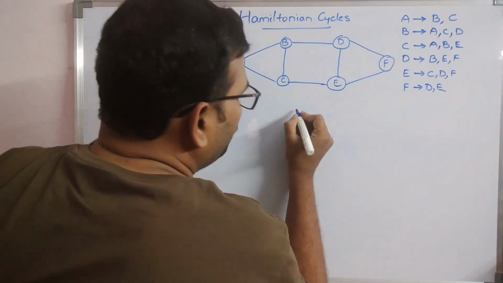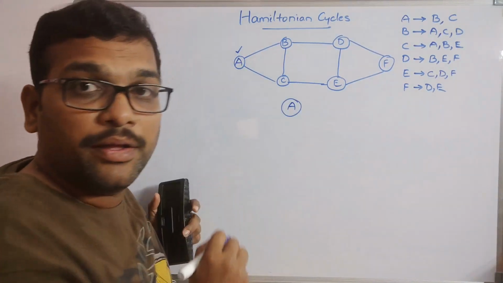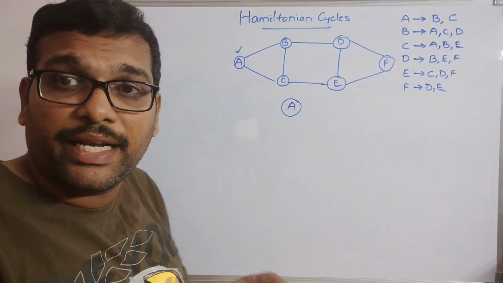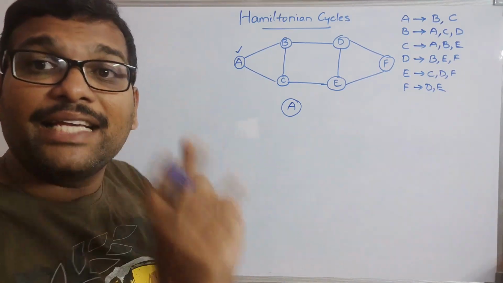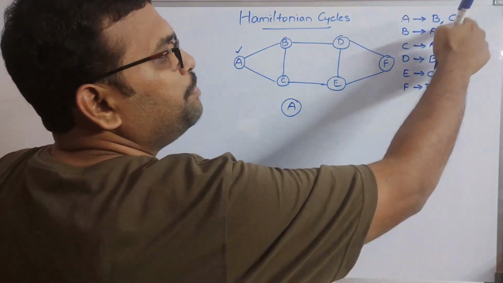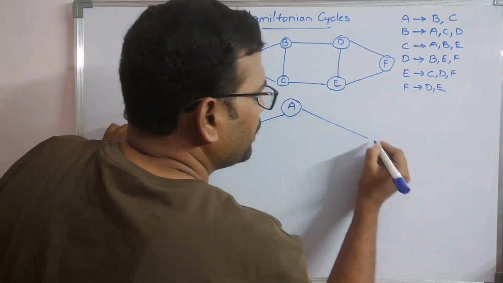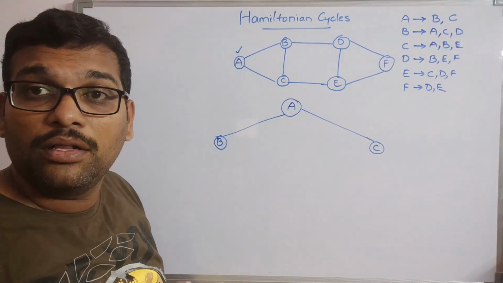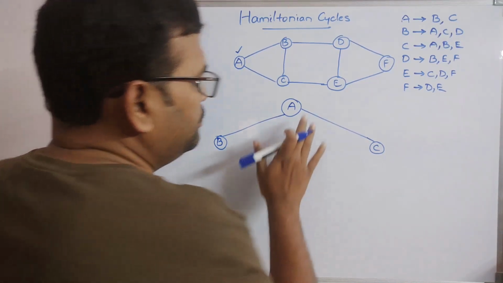Now start with the source vertex. Let my source vertex be A. Here we are starting from source vertex A and we have to visit all other vertices exactly once. From A, what are the outgoing edges? B and C. This is B and this is C. We know that backtracking works on depth first search, so first we need to find the depth.